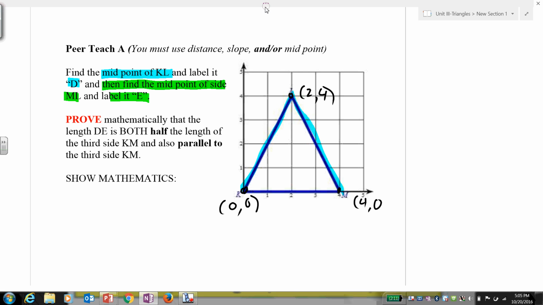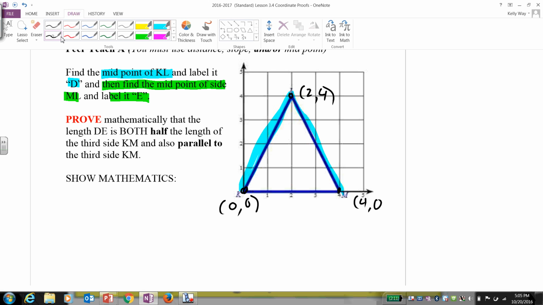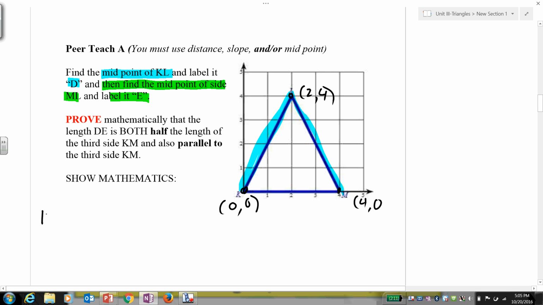So first we're going to find the midpoint of KL. And we're going to label that midpoint D. So of KL, we add, divide by 2, add, divide by 2. And then we're going to do ML.